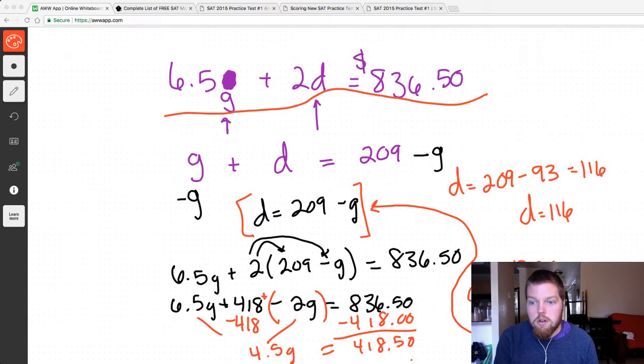So 116 times 2 is 232, and 6.5 times 93 is 604.5. And if we add 604.5 plus 232, we're going to get 836.50.